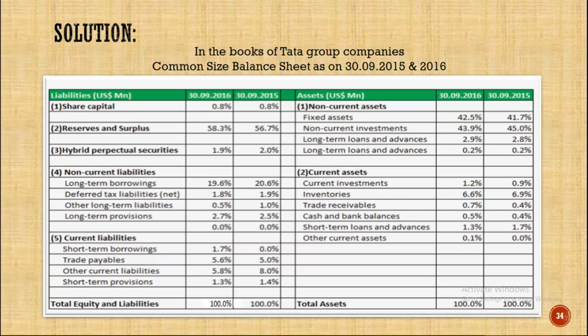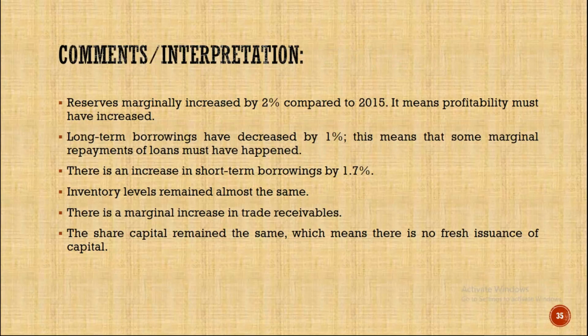So in this way, we can comment on the financial position of the organization when we convert the data into a proper format by using a common size statement. We can easily compare the information of the first year or earlier year with the current year. So let us see the comments on this common size balance sheet statement.